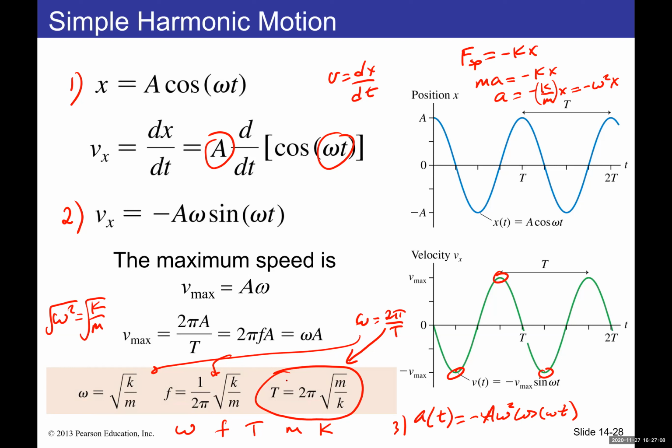You're going to get exactly the same period back and forth, even if you stretch it double the distance. The only thing that will affect the period is if I change the mass of the block, and obviously the spring constant K. That means if I'm using a different spring constant, then the period and frequency will be different.